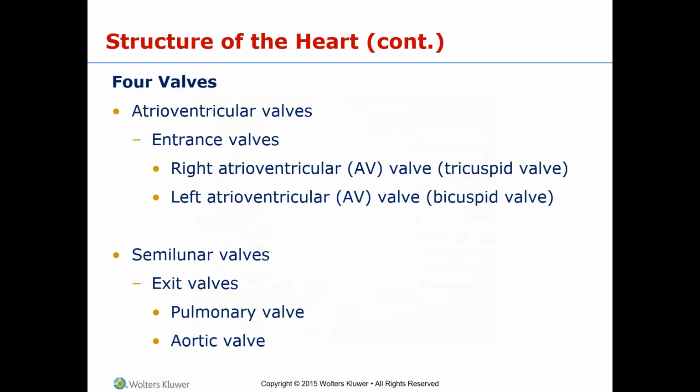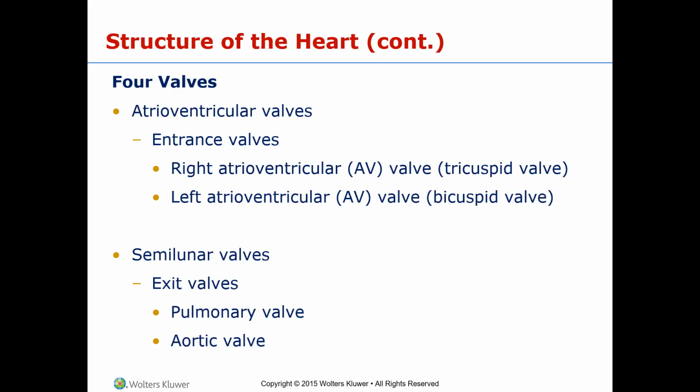Okay, so just to recap here, we have 4 valves that are separating the atria and the ventricles, as well as those that are going out to the pulmonary circuit.